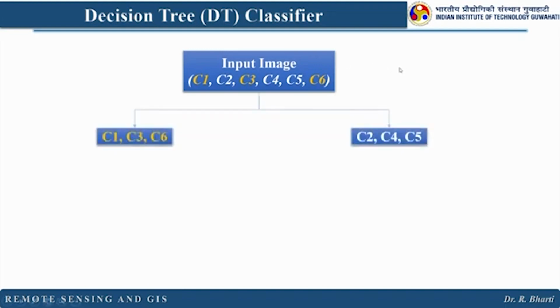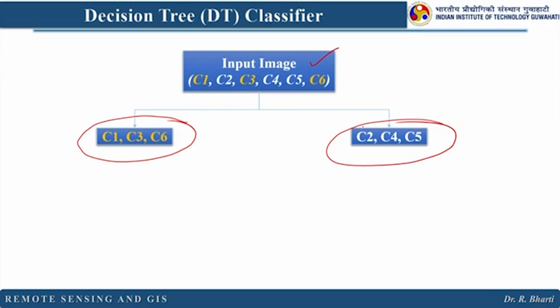Now, what I can do is I can segregate based on this particular image, right. I can identify only C1, C3, C6 in one class, right, and C2, C4, C5 in another class. So, here you will have only two levels of classification. So, C1, C3, C6 and the another set is C2, C4, C5, right.